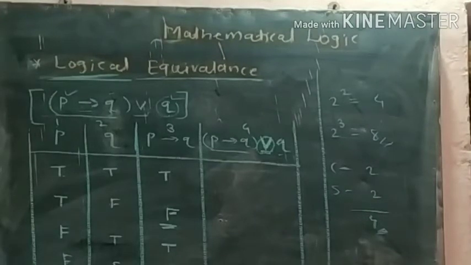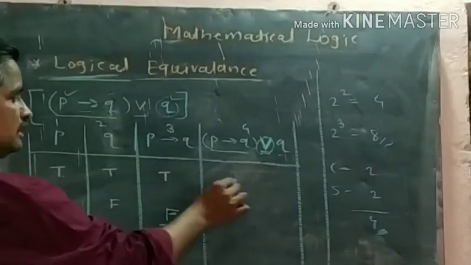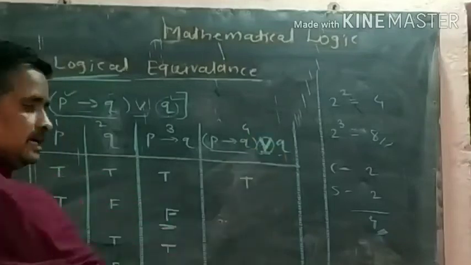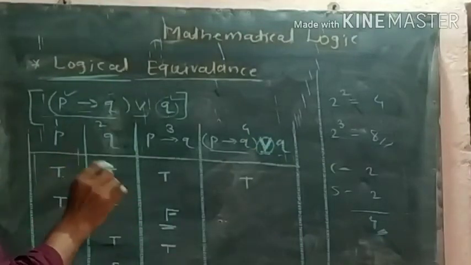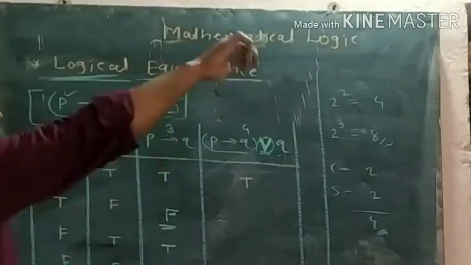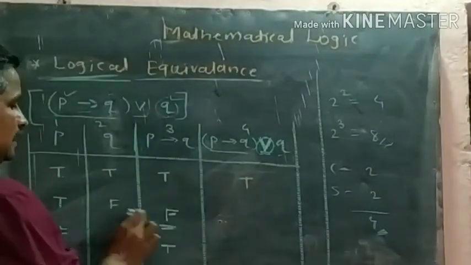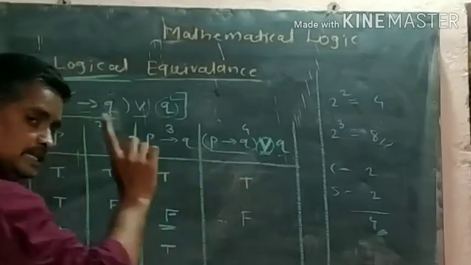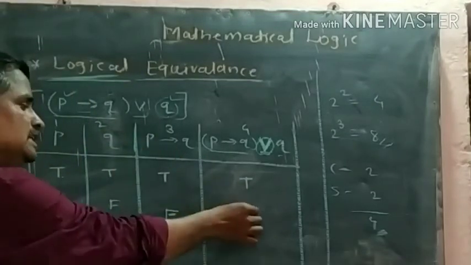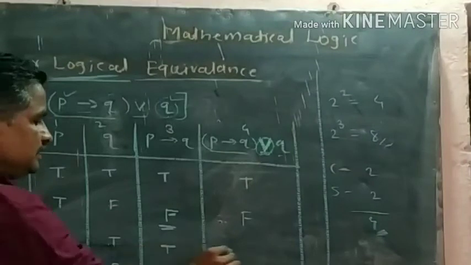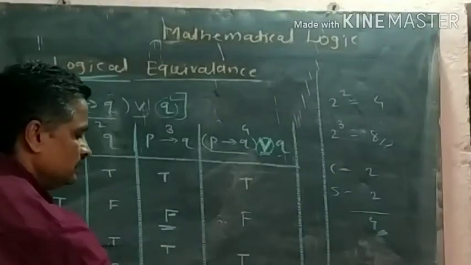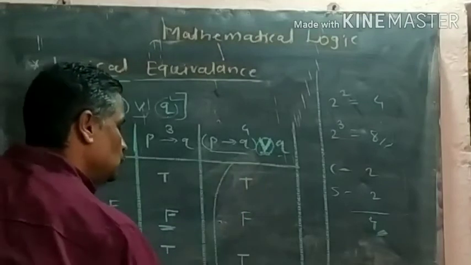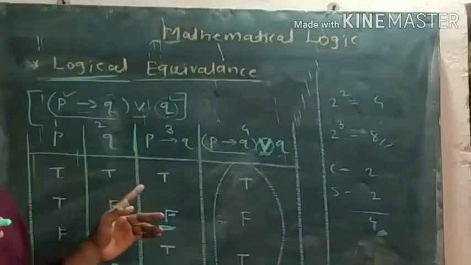In a disjunction, there is only one F in the truth table, if both the values are F. That means P is F and Q is F. So T, T, T, F, and that is F. In a disjunction, if both the values are F, then it is F, otherwise it is T. So T, T, T, F, T, T. So it is the truth value in the last column.